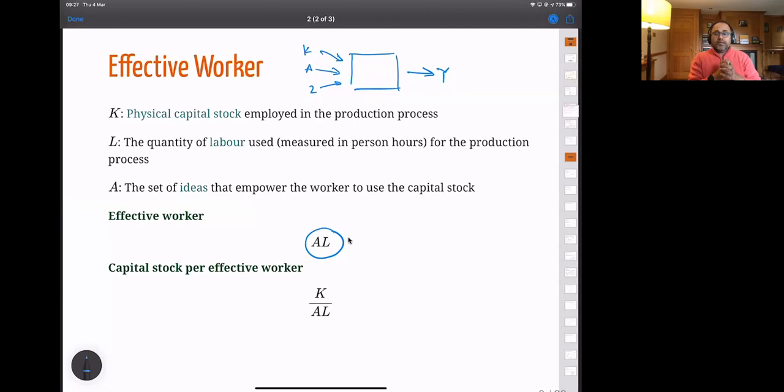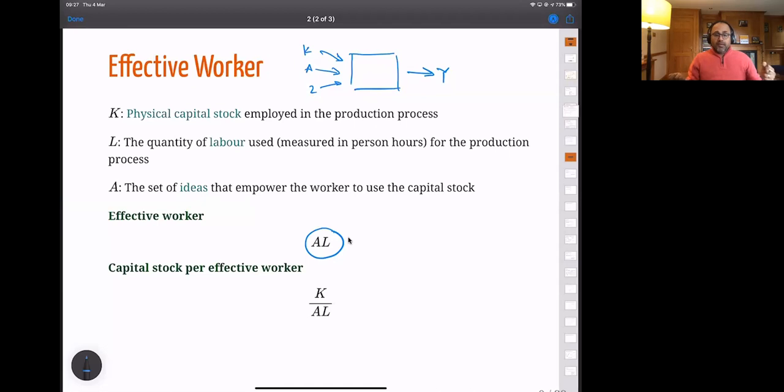Now, the key thing for a production function is not how much capital and how much labor you have, but how much capital and how many effective workers you have. So the quantity of effective workers. If you increase A, you may have the same number of people working, but you have effectively a larger number of workers. Now, what is A? A could be a bunch of plans that a manager comes up with.